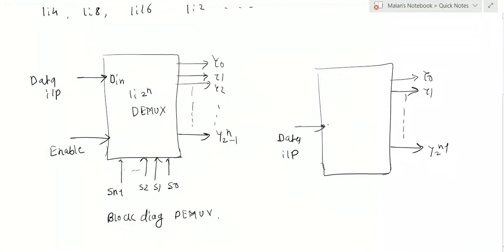The select lines are given like this: S0, S1 up to S(n minus 1). This is a 1:2^n demux. Both the circuits are the same. You can use the first circuit or the second circuit to represent the demux.